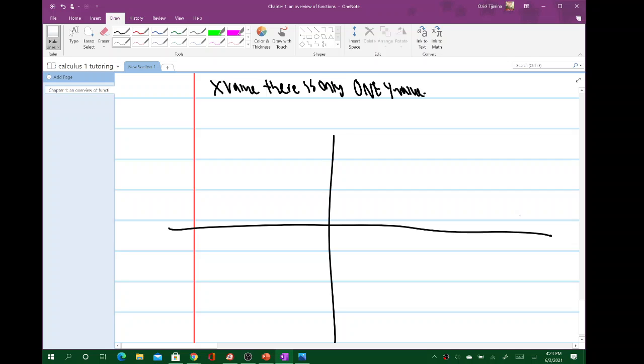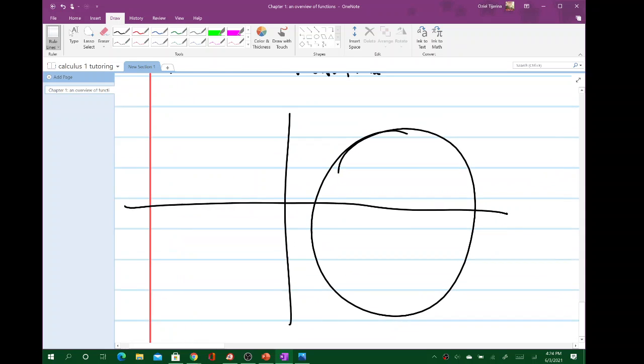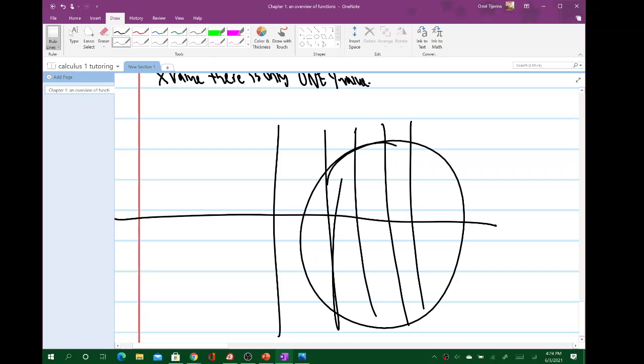So that is not true, because in order for it to be a function, it has to pass the vertical line test. So for example, let's say I have a circle like this, right? And I do the vertical line test, and you see that there are two y values for one x value.